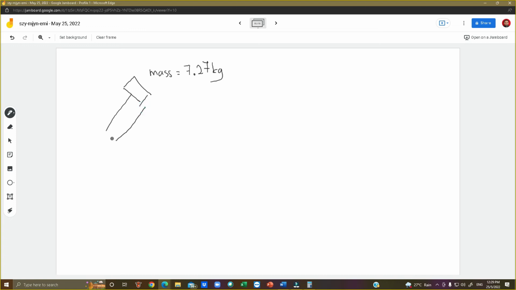The radius of the rotation for this hammer is 1 meter, and the linear velocity when this hammer is released, the linear velocity of this hammer is 28 meter per second. Meter per second square lah. Meter per second.